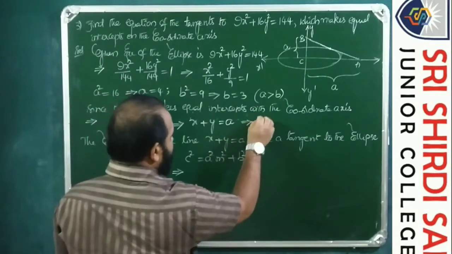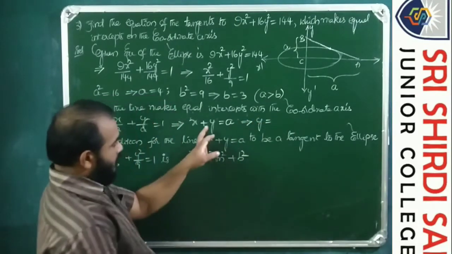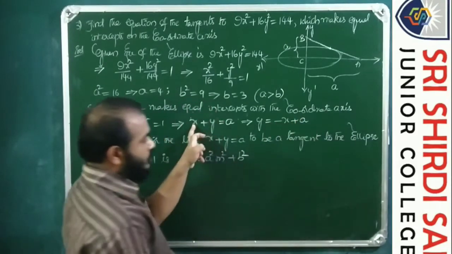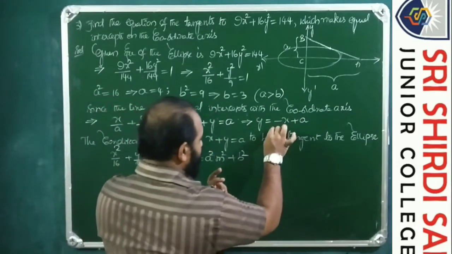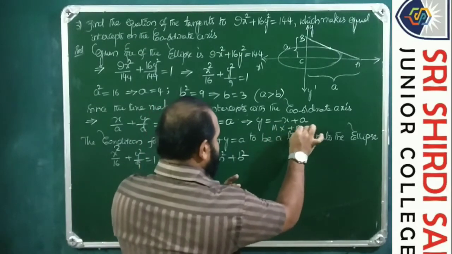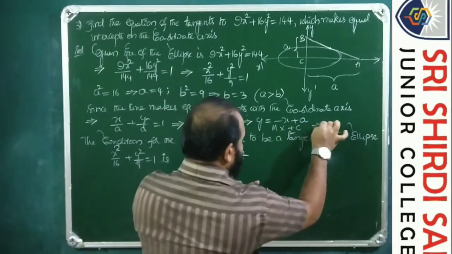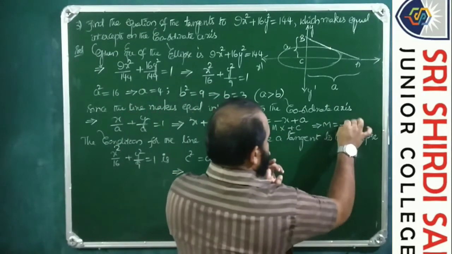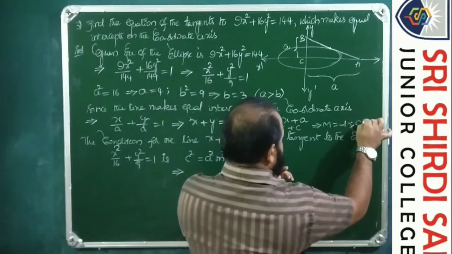From this, y equals minus x plus a. So this is of the form y equals mx plus c. So m equals minus 1, c equals a.